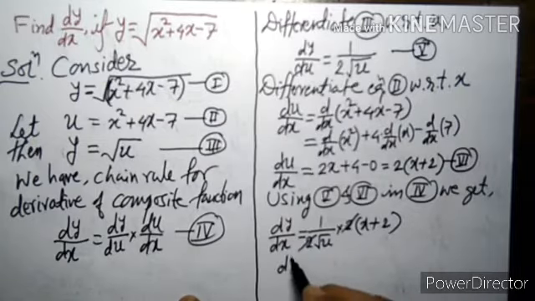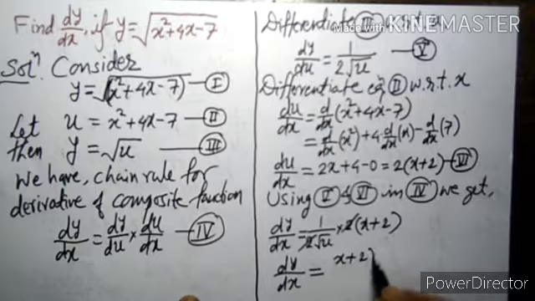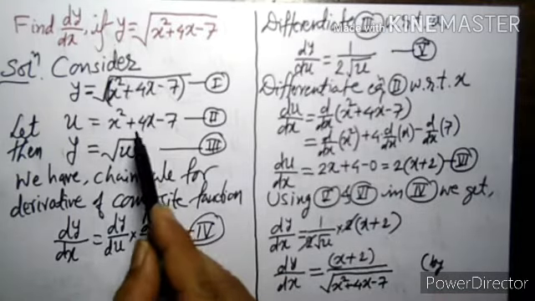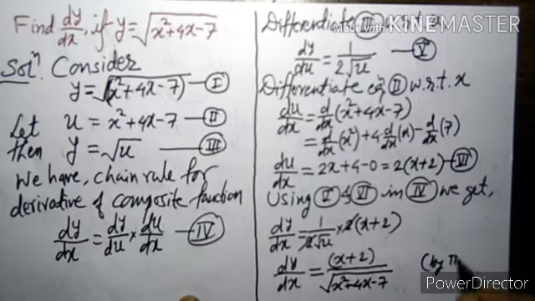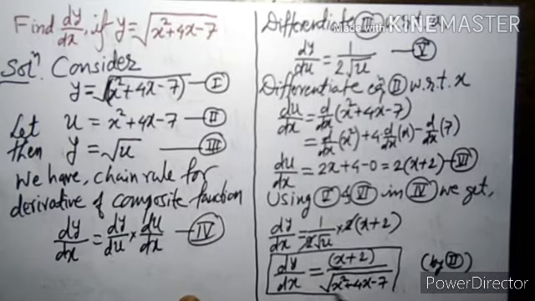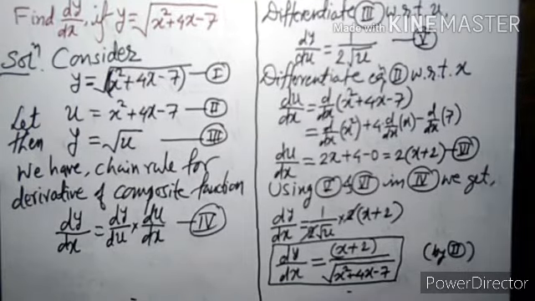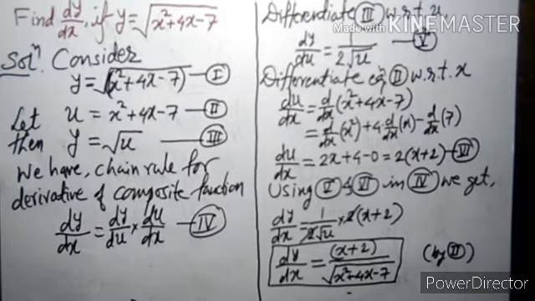So we get dy by dx is equal to x plus 2 divided by the root of u, which is x square plus 4x minus 7, by equation 2, and so this is the final answer. I think now the solution is very clear.